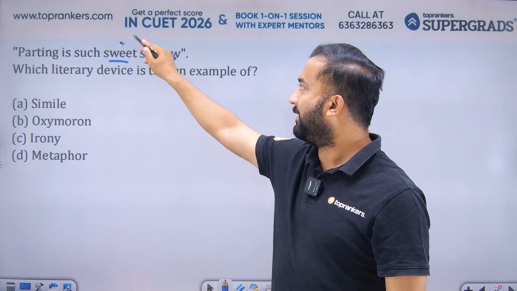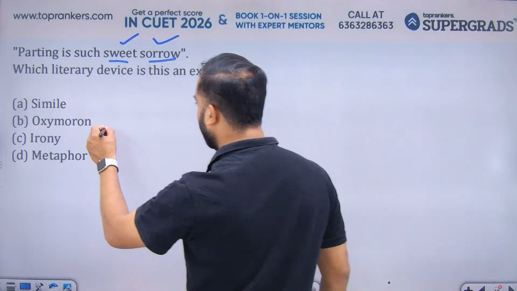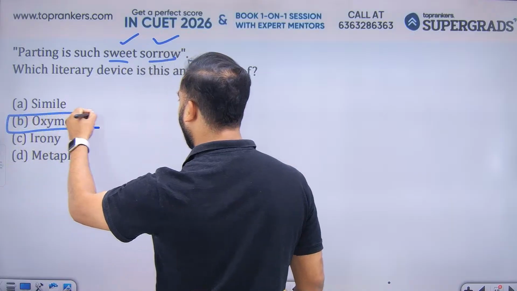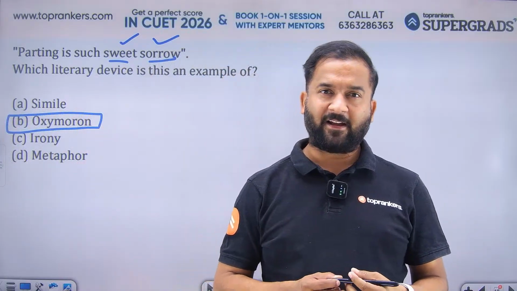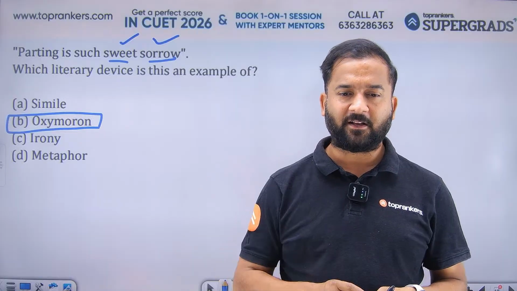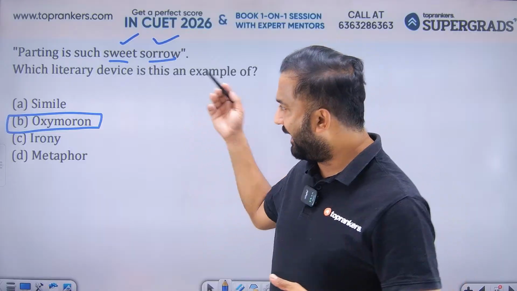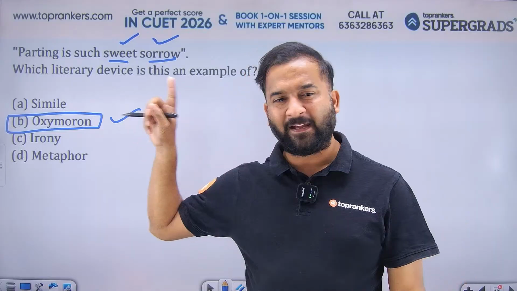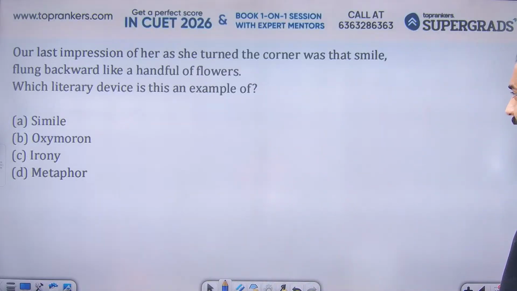Words are sweet and sorrow. So the literary device that is used is oxymoron. Oxymoron एक ऐसा literary device wherein words of opposite meanings are juxtaposed together. They are placed side by side. And B इस question का answer होना चाहिए. Moving on to the next question, students.